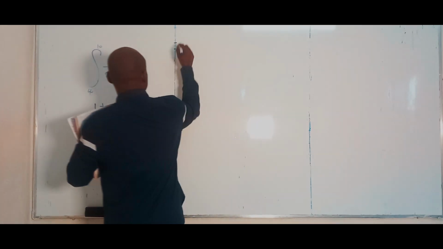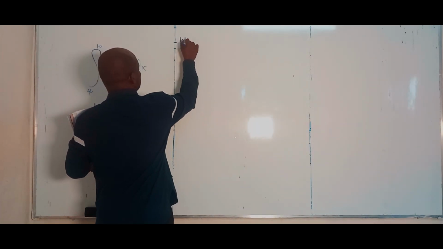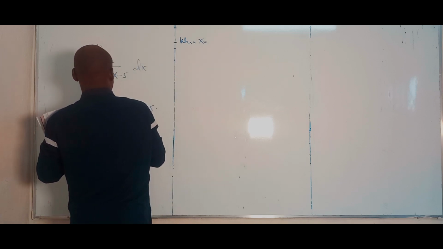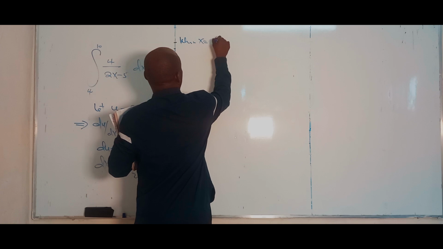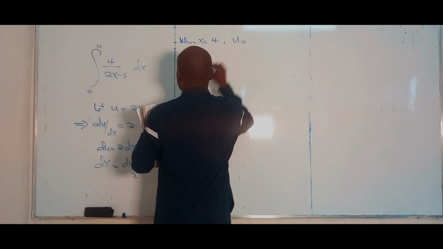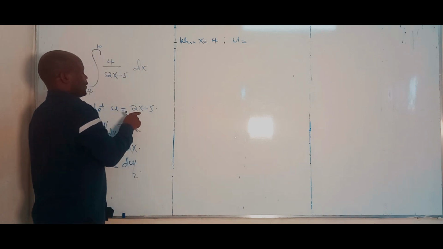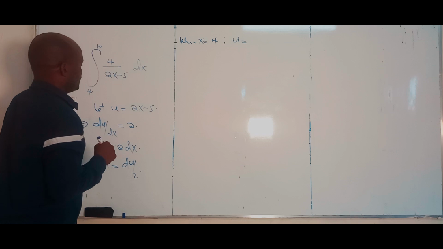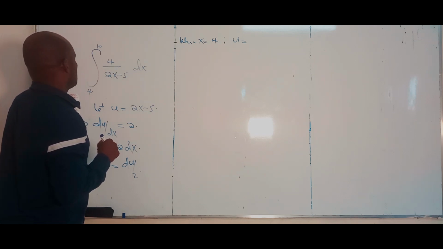So we say when x is 4, u is 2 times 4, that's 8, 8 minus 5.